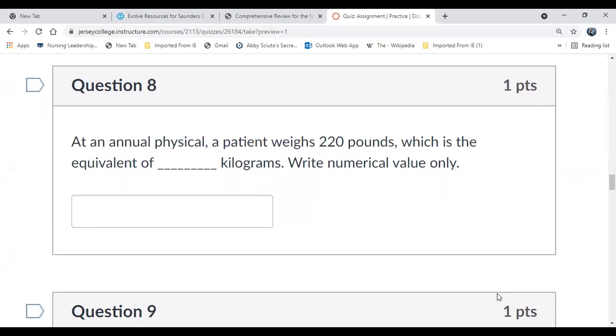So when we're going from pounds to kilograms, it's 220 pounds divided by 2.2. Kilograms should always be about half what your pounds are. So we get 100.